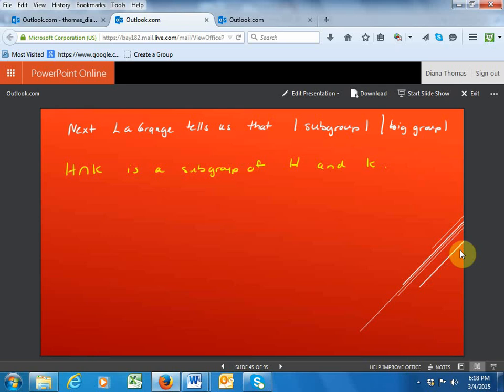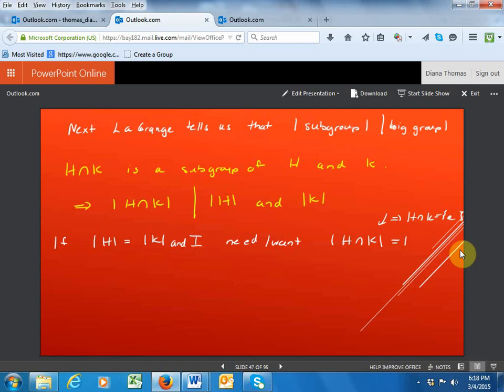So the order of H intersect K must divide the order of H, and it must divide the order of K. So if H and K are equal in order, I would want the order of that intersection to be 1. That forces me to choose H and K to be prime order, right? Then I'm done.